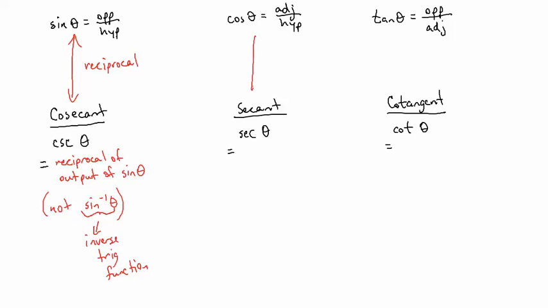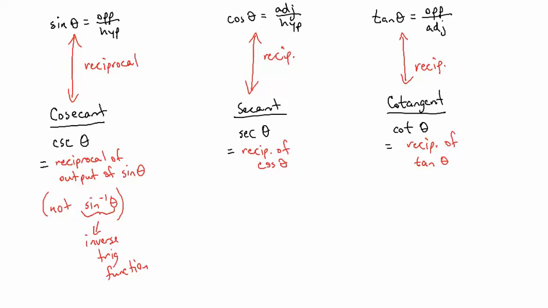All right, and then we have 2 other reciprocals. So secant of theta, the output of that is going to be the reciprocal of cosine of theta. And cotangent would be the reciprocal of the output of tan theta.